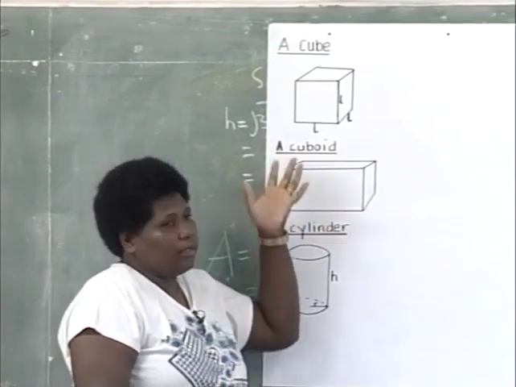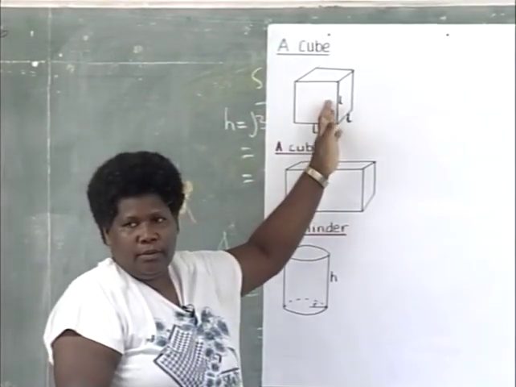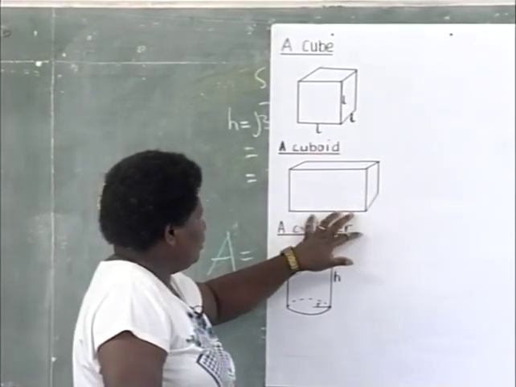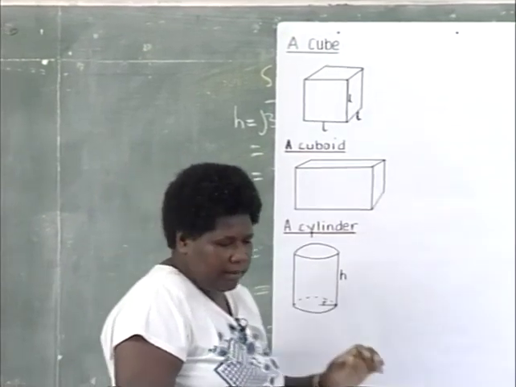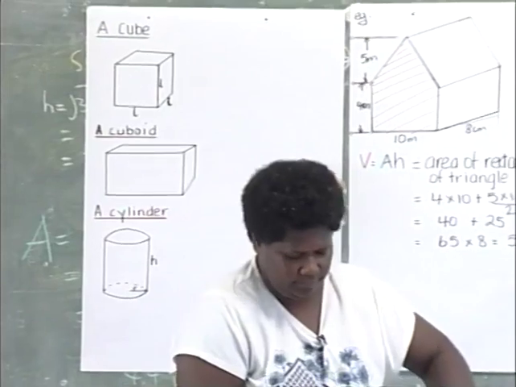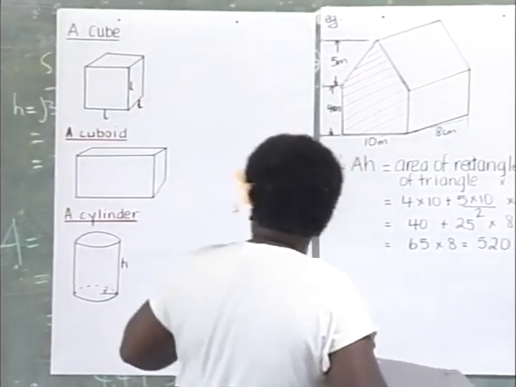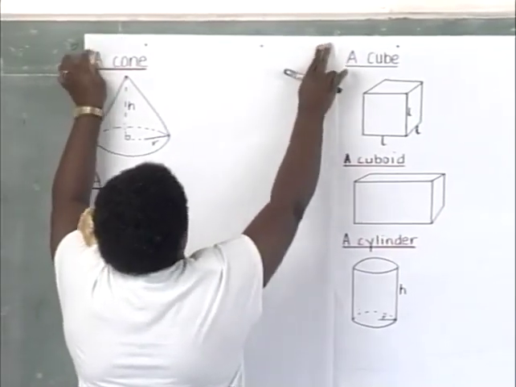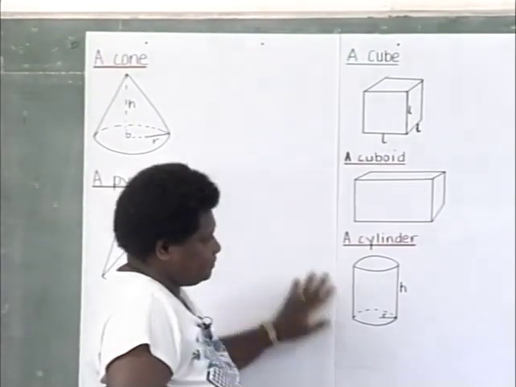You're going to come to the board and explain the formula for the volume of a cube, a cuboid, a cylinder, a cone, and a pyramid.